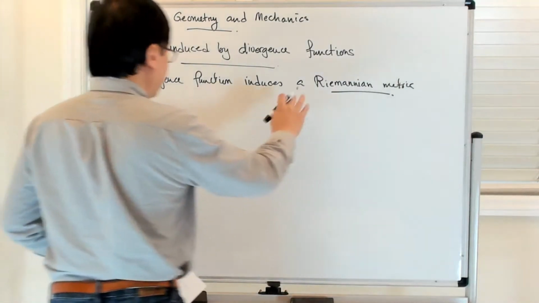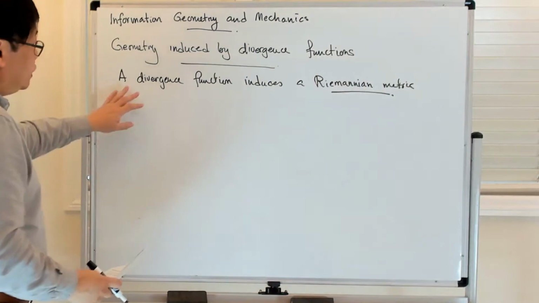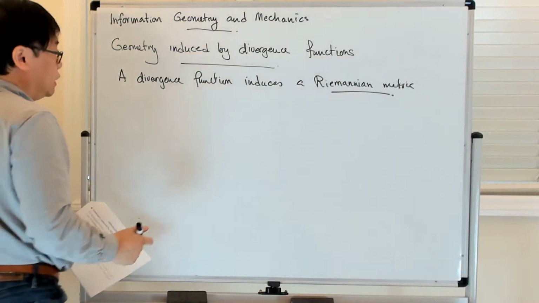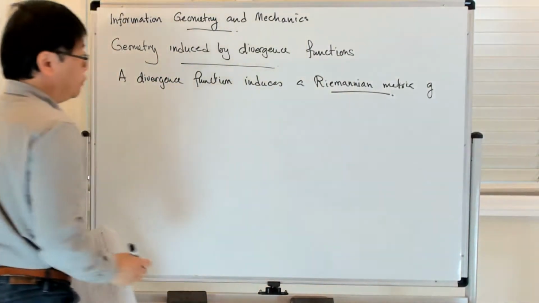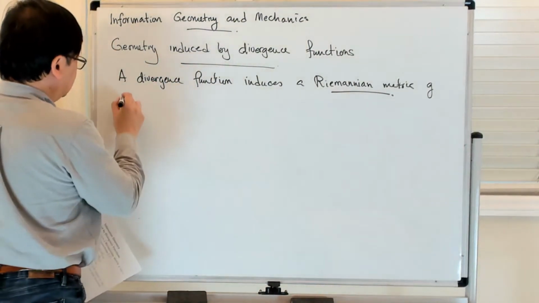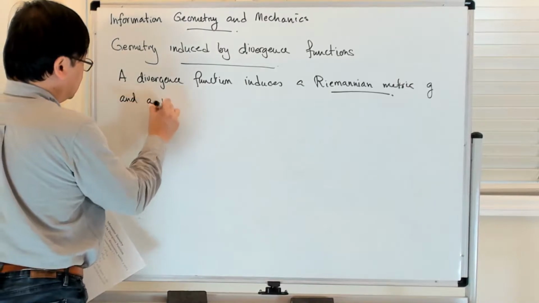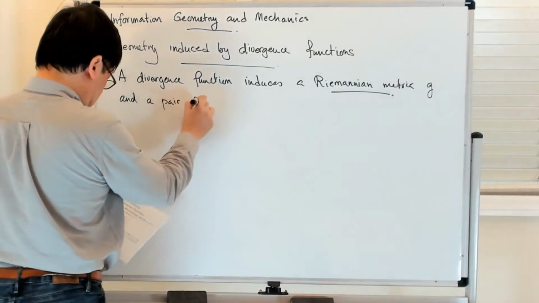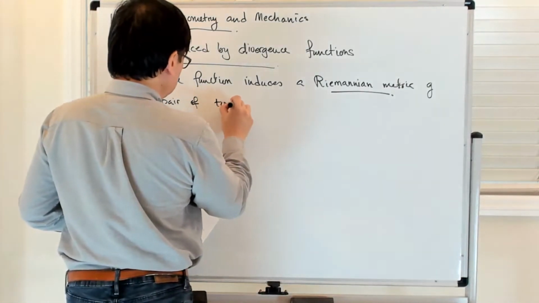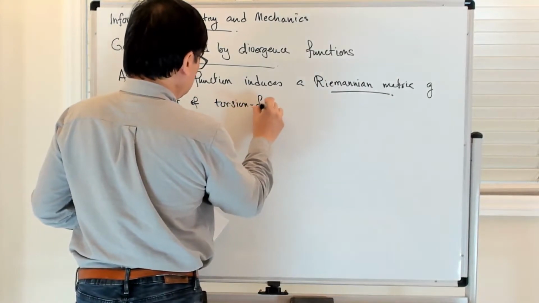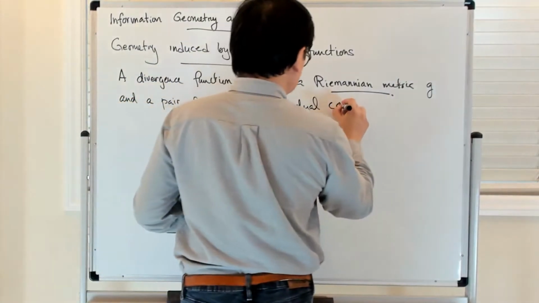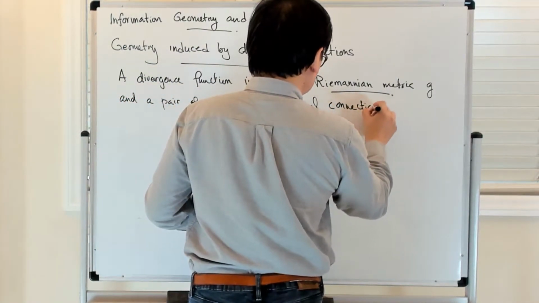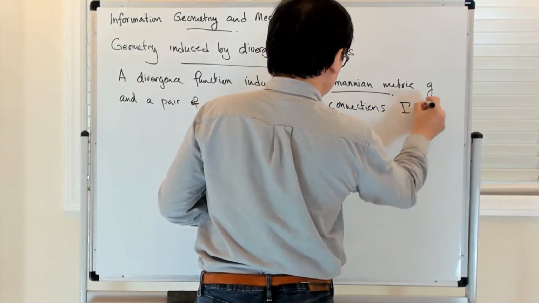Okay, so a divergence function induces a Riemannian metric, let's call that g, and a pair of torsion-free dual connections, let's call them Gamma and Gamma star.